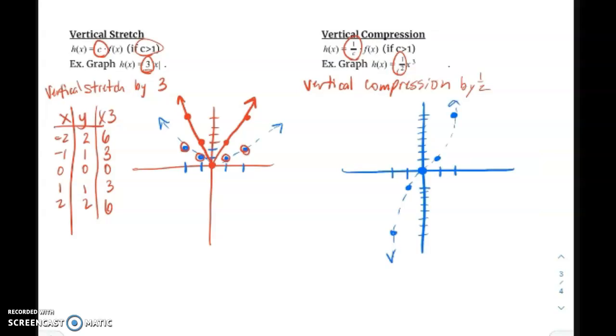That's a graph of the original, or the parent, and now we're going to take half of all those. Half of 0 is 0. Half of 1, you're just going to go to 1/2. Half of 8 is 4, so you can go up 4. Half of -1 is -1/2. And then half of -8 is -4.